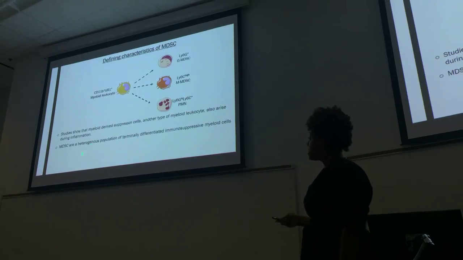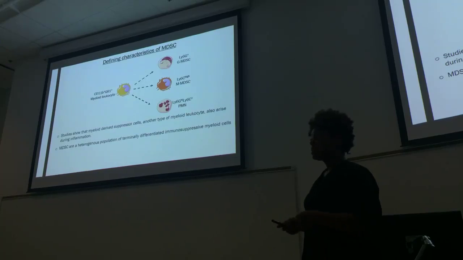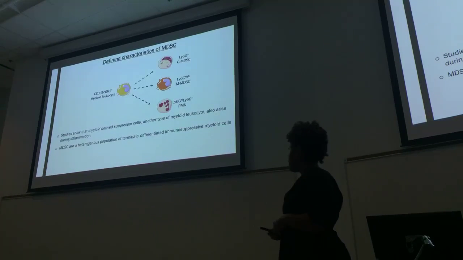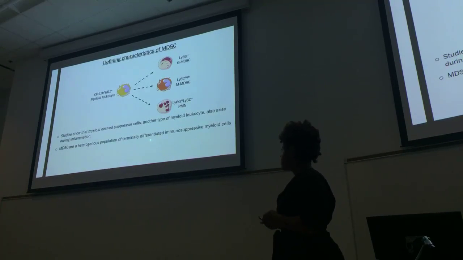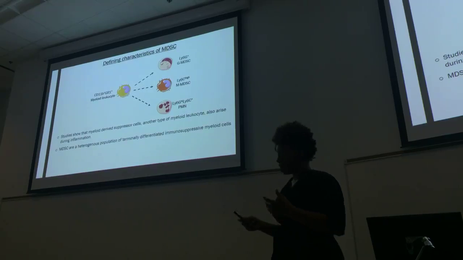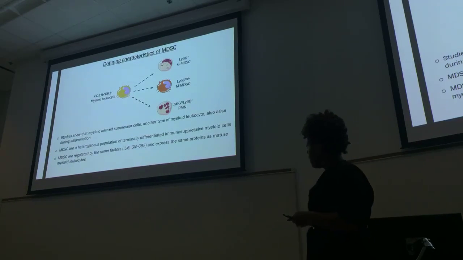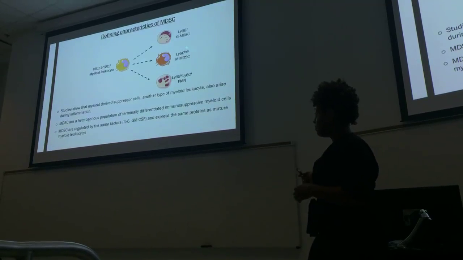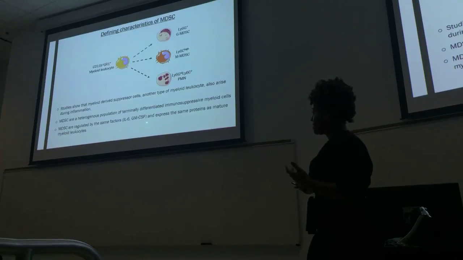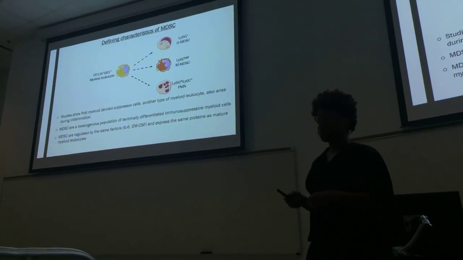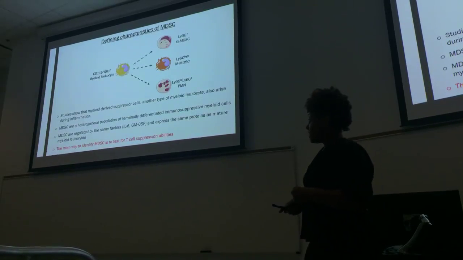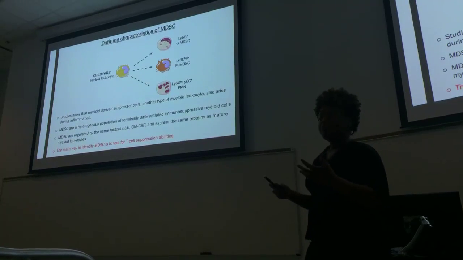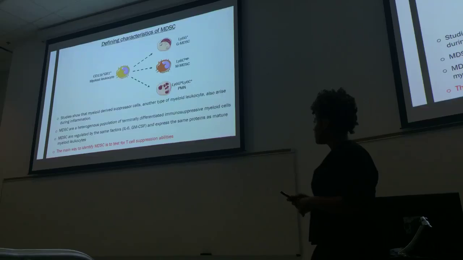These cells are a heterogeneous population of granulocytic-like and monocytic-like cells that are terminally differentiated and immunosuppressive. MDSC are regulated by the same factors as mature PMN, such as IL-6 and GM-CSF, and express these same proteins. So it makes it very difficult in experiments to separate these two cell populations.